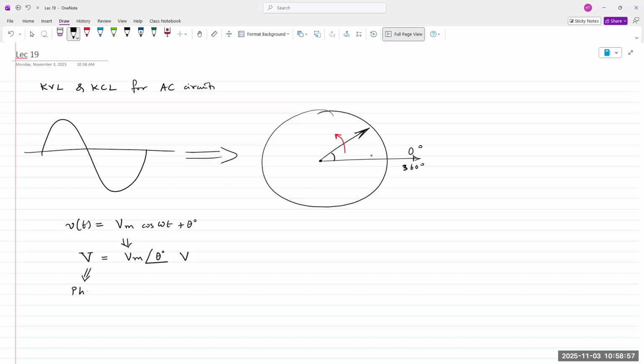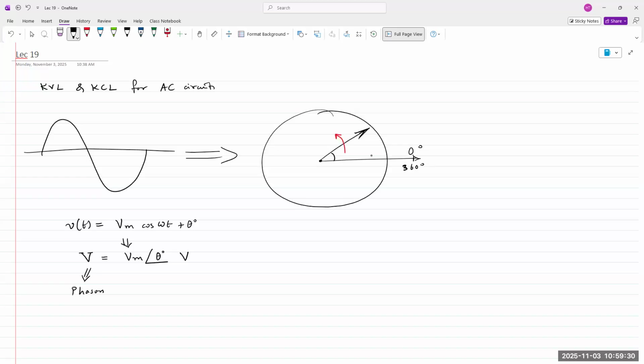Again, it's simply to make the math less complex. And then inductors and capacitors are also expressed as complex quantities. Those are not vectors. I want to be clear. Those are not vectors. We are simply expressing them using complex numbers.